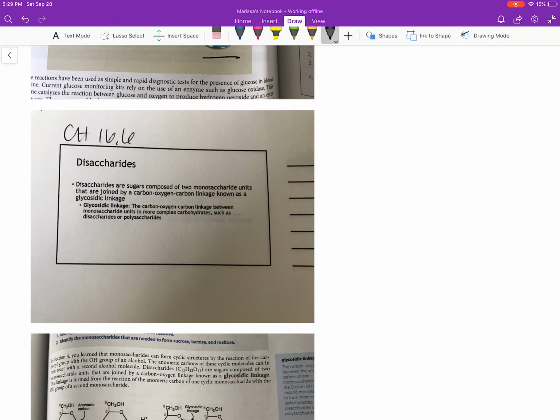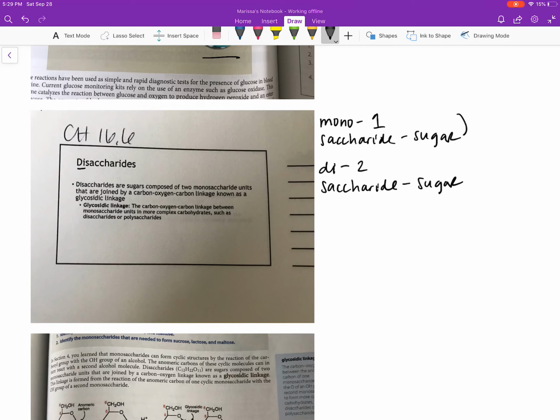All right, so disaccharides. Just as it sounds, monosaccharides, if we think about mono as one, saccharide meaning sugar, okay? And we want to break that now into something else. Di means two. We learned that back when we talked about covalent nomenclature.